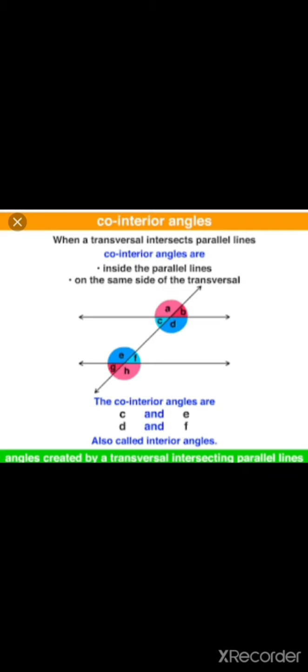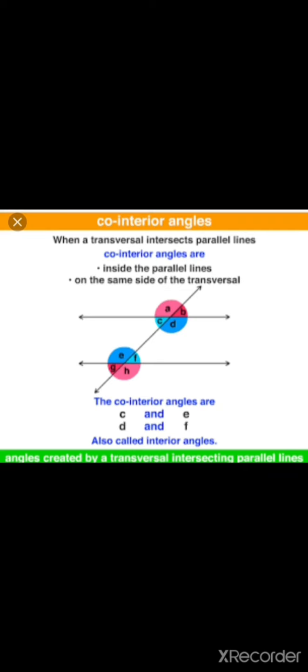Then 1 and 7, and 2 and 8, these two pairs form alternate exterior angles, outside the parallel lines but in the opposite position. So there are 4 pairs of alternate angles: 2 pairs of alternate interior angles and 2 pairs of alternate exterior angles.